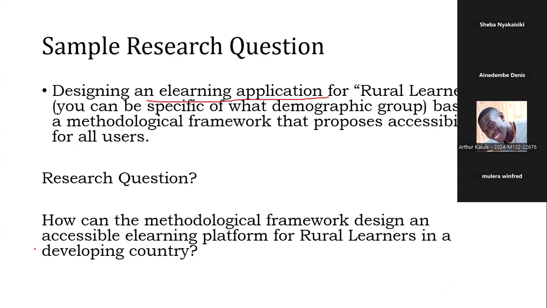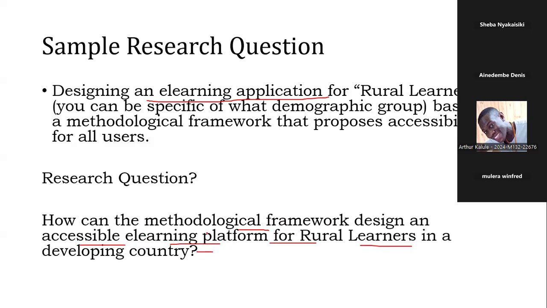Then the research question could be, how can we use a methodological framework to design an accessible e-learning platform for rural learners in a developing country? That could be the overall research question I can ask.